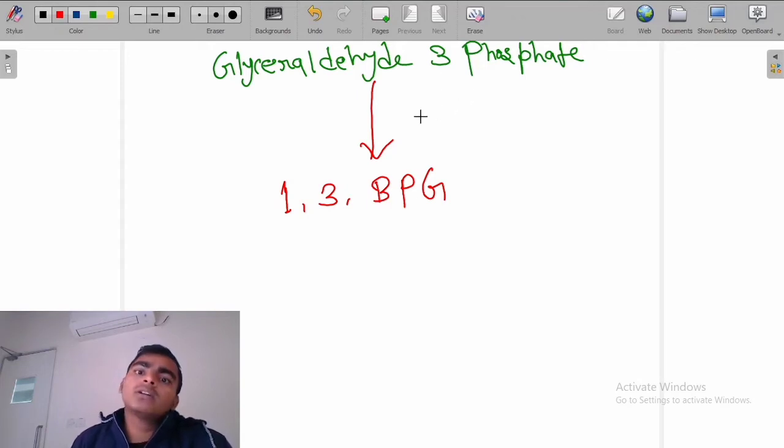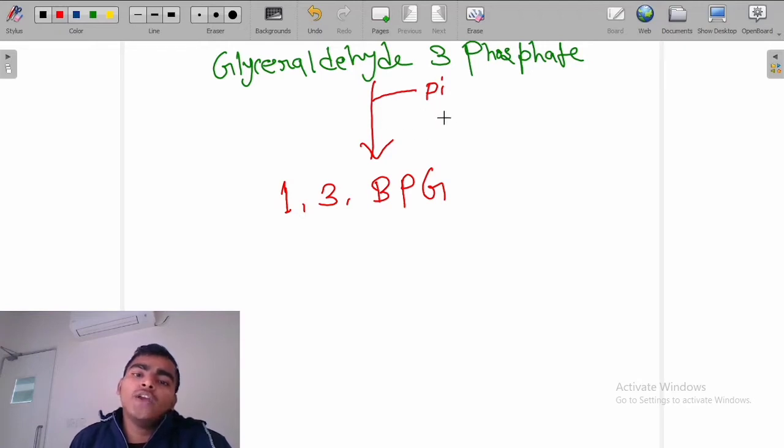So how will this glyceraldehyde 3-phosphate gain one more phosphate and be converted into 1,3 biphosphoglycerate? So again, there is no ATP which is coming for this. The inorganic phosphate which is present in the cytoplasm is going to help in this particular step, and this inorganic phosphate is going to be merged with this glyceraldehyde 3-phosphate.